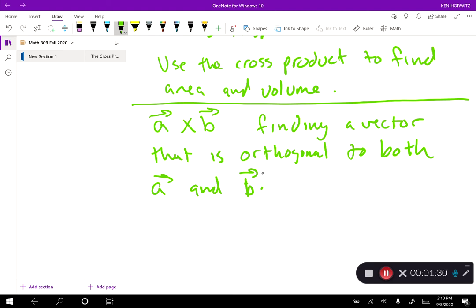If you want to find a vector that's orthogonal to both A and B, you do the cross product, and the result will be that vector.